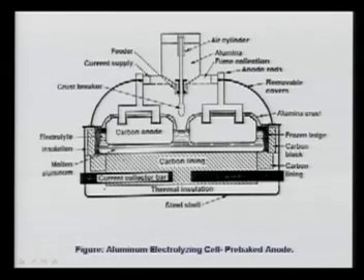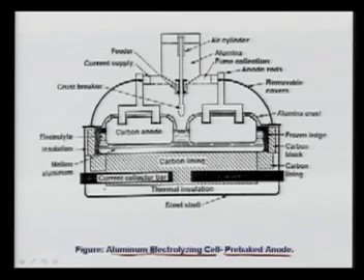So this picture, as you see here, is the aluminium electrolyzing cell, and this is what you will see as a pre-baked anode. I'll explain the meaning of the pre-baked anode, but let's focus a little on this picture.